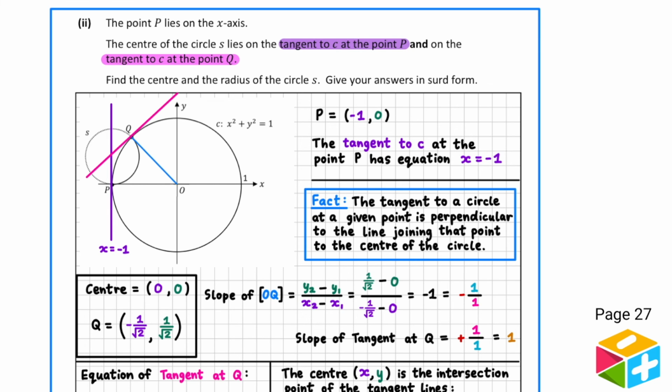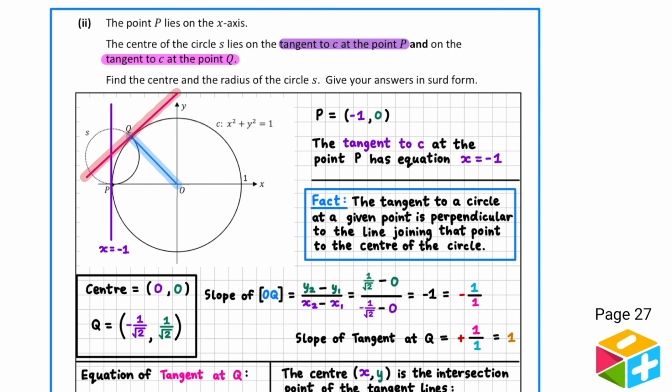The strategy here will be to first find the slope of this blue line, OQ, and then use this to find the slope of the pink line. Well, given 2 points on a line, we can find the slope of the line using the formula y2 minus y1 over x2 minus x1.